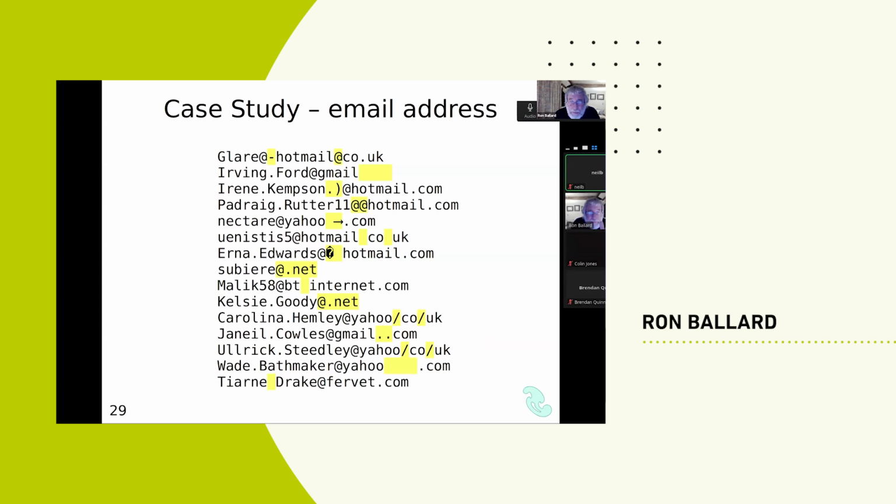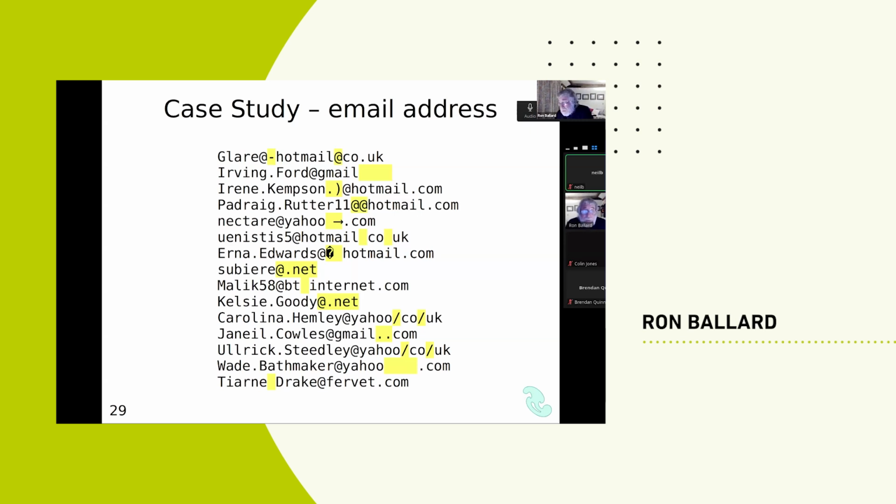You see various things: double at signs, slashes instead of dots, spaces in the name. You can't have spaces in a name in an email address. So this picked out genuinely mistaken email addresses, transcribed improperly or noted down wrongly.